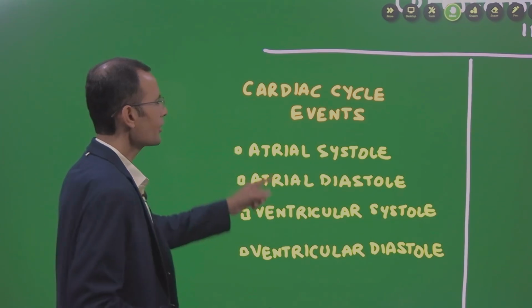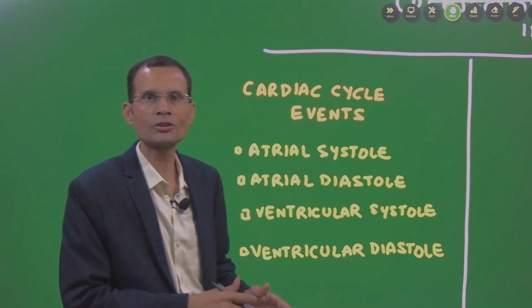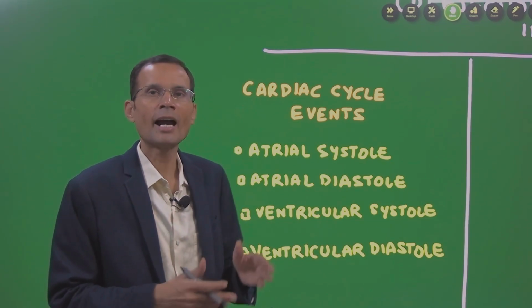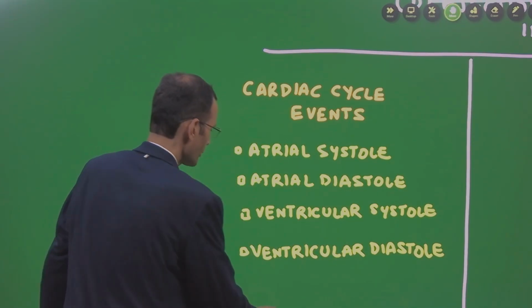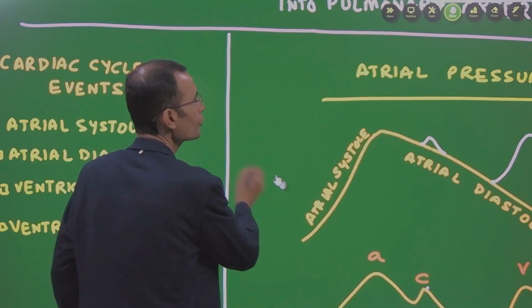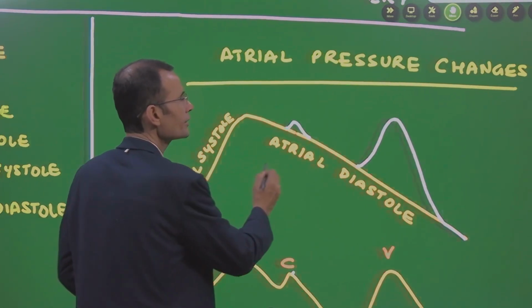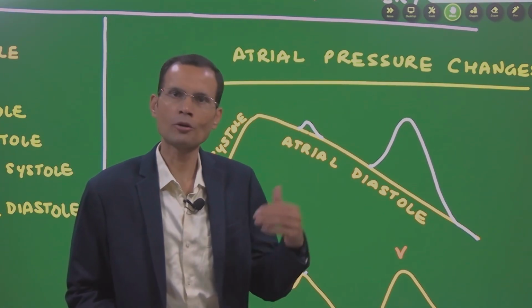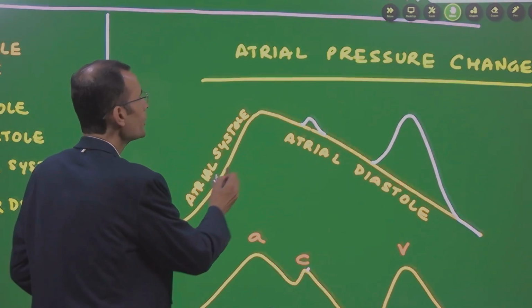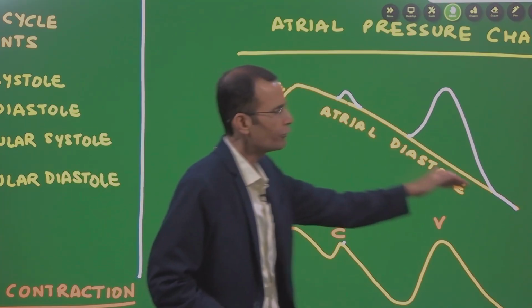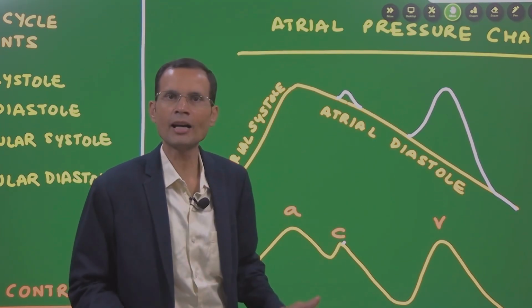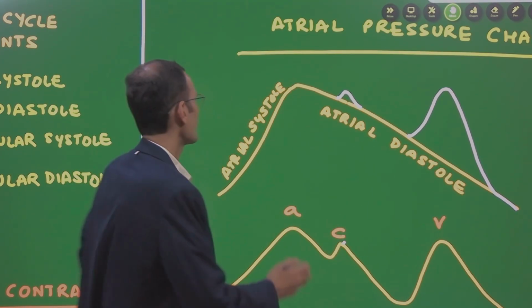So if you see the atrial events, there is atrial systole for 0.1 second, and remaining 0.7 seconds there is atrial diastole, which means if we have to record the atrial pressure changes from the right atrium or from the JVP, it would be rise of pressure atrial systole and then fall of pressure atrial diastole, right?